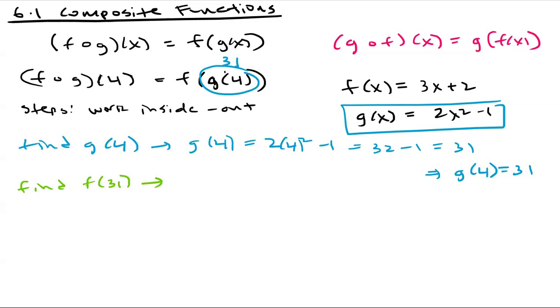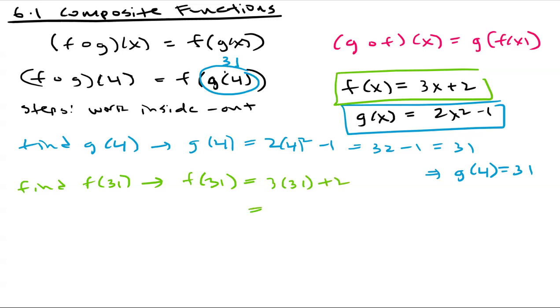Well, do I have f of x? Yeah, my f of x is right here. So now I'm going to put 31 in for x. So that would be 3 times 31 plus 2. So that's going to give me 95.